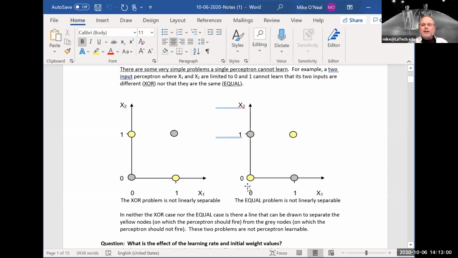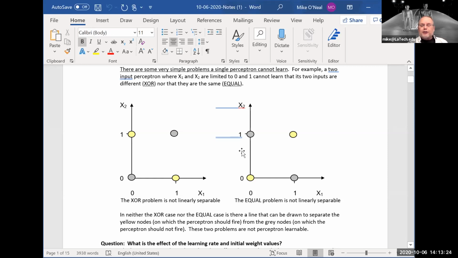But you can rephrase this question and say, well, can a perceptron tell if its two inputs are equal? And it can't, because now you've got 0, 0 and 1, 1 that are supposed to be in the yes, they're equal class, and 1, 0 and 0, 1 are in the no, they're not equal class. And it's the same problem.